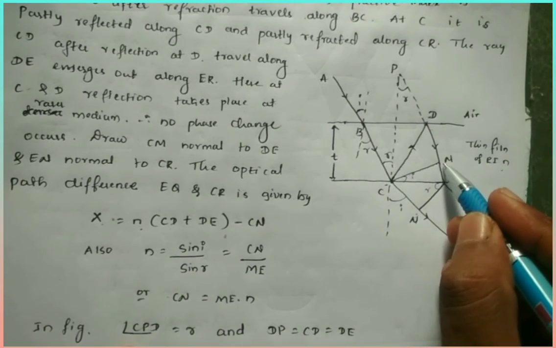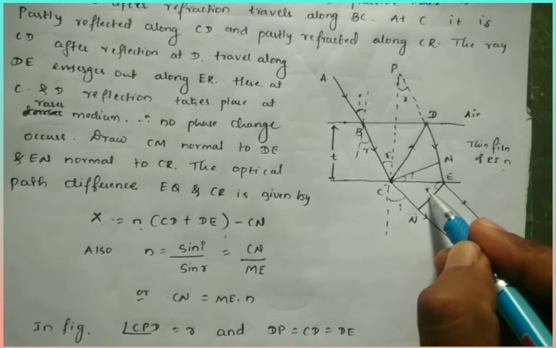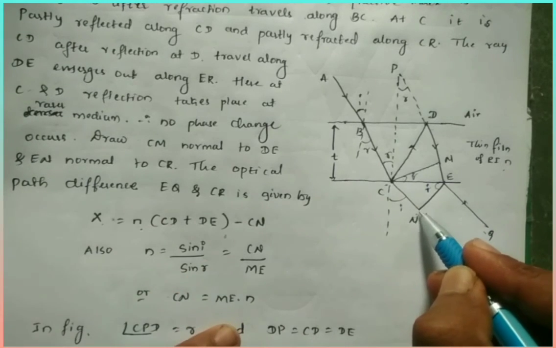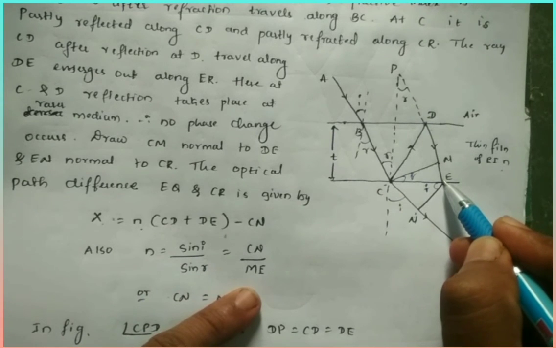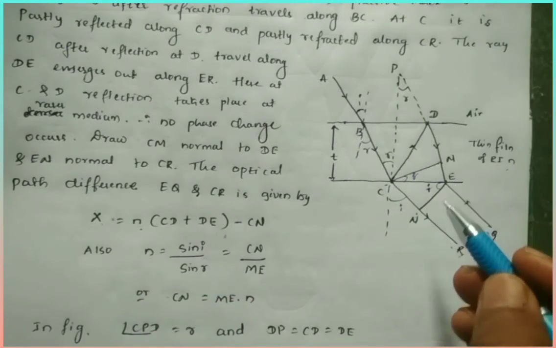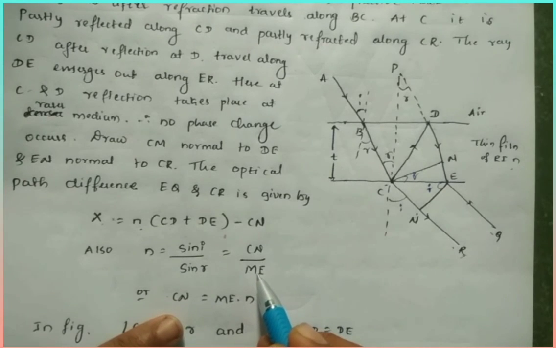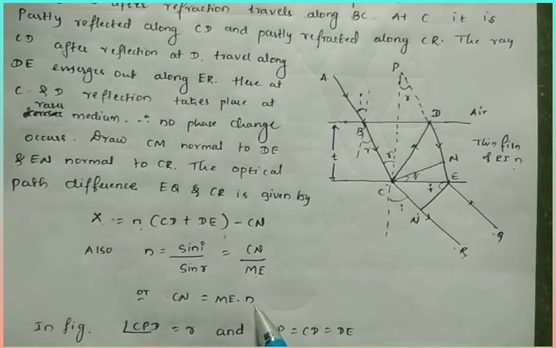So sin i you have to take as Cn, and sin r you got as ME. Then you send this ME to this side, so Cn equal to ME dot n.